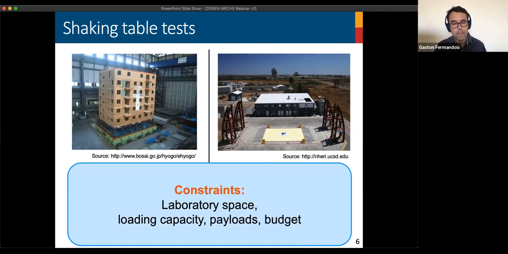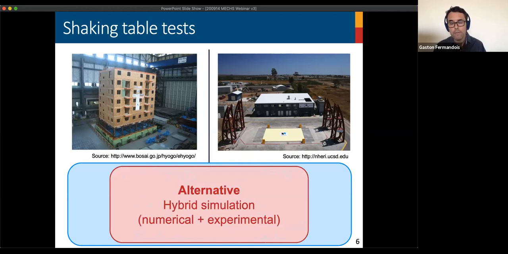Those constraints can be laboratory space, loading capacity, payloads, and budget. And that's the reason why hybrid simulation has become a very interesting alternative to conduct reliable and accurate experimental testing through the combination of both numerical and experimental knowledge that we have of the system that we want to study.